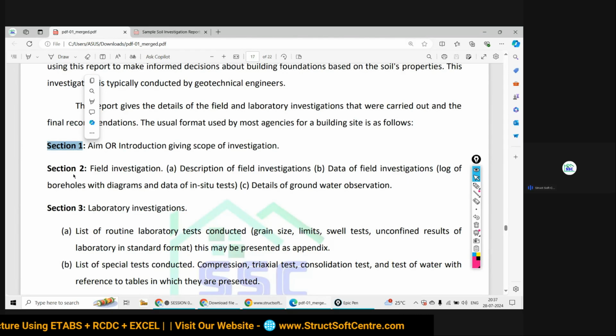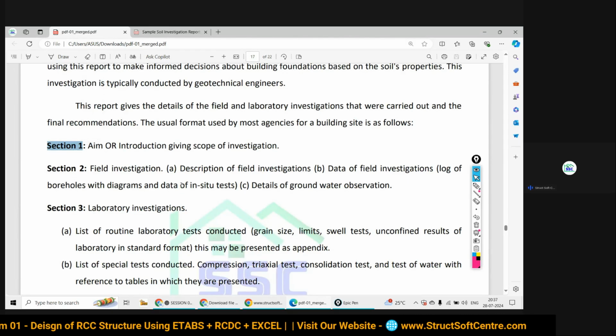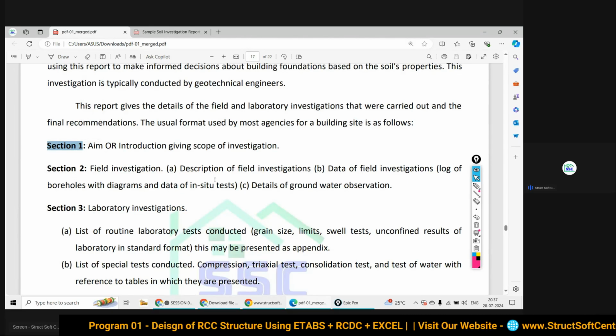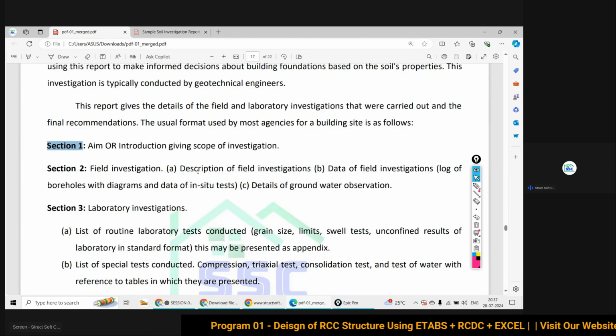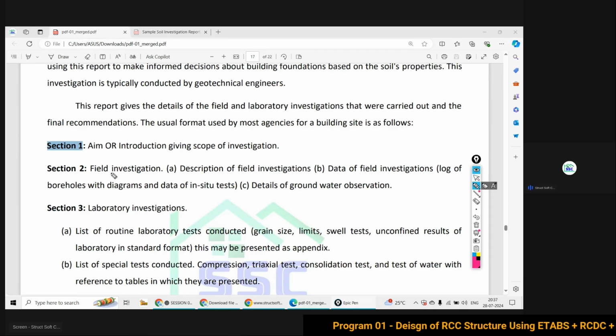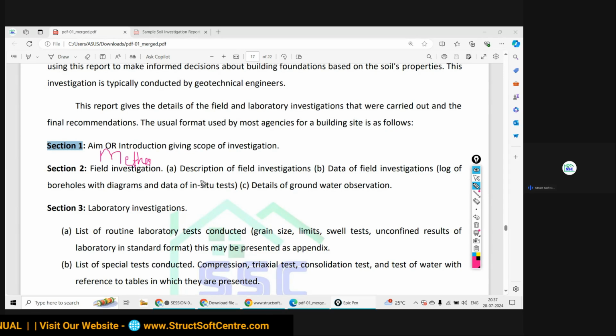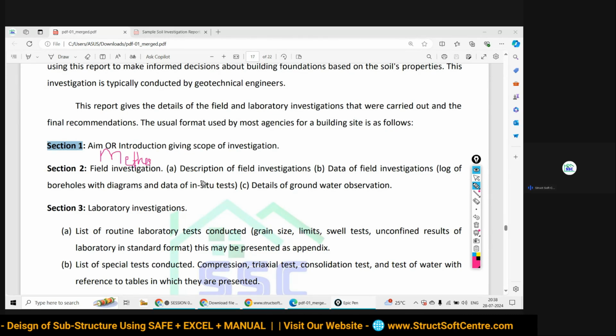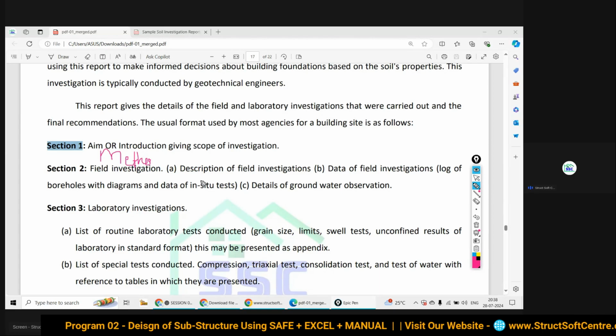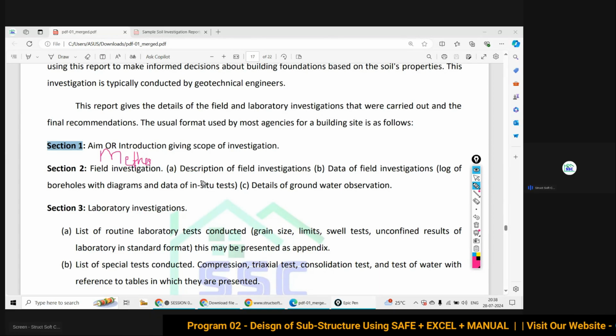In the second section, what methods they are going to adopt, what strategies, what you can call a methodology, what methodology they are going to adopt to investigate the soil, what parameters they are going to focus on to investigate. They are going to focus on the shearing capacity, the bearing capacity of the soil, and the water level.